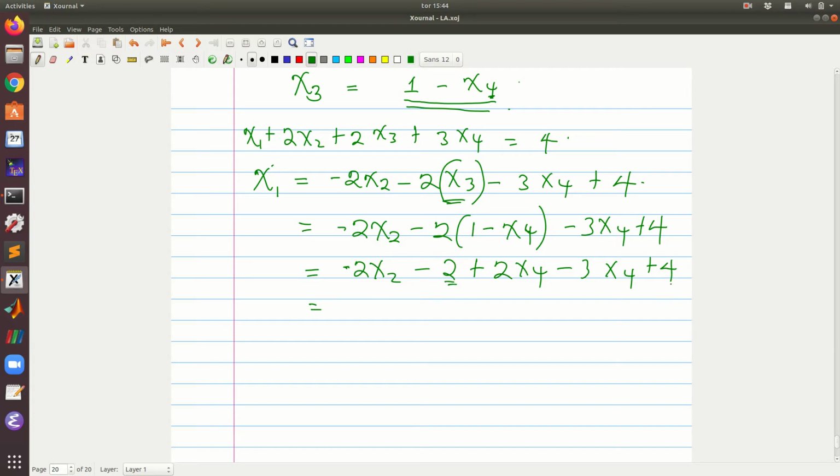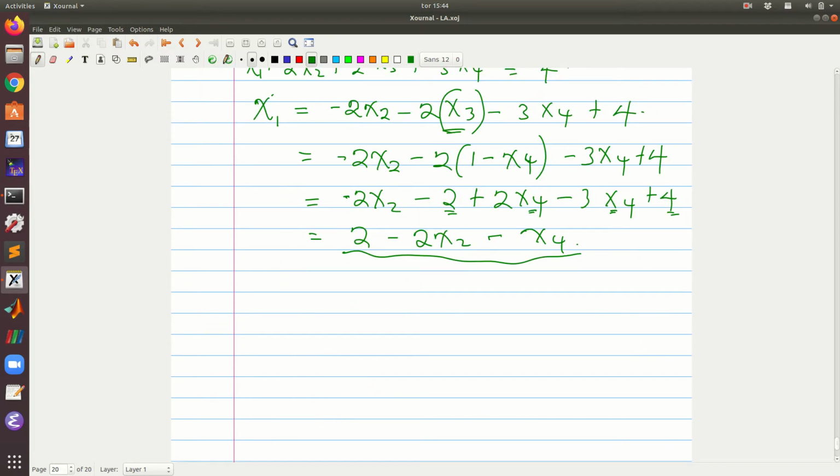So this and that, we have positive 2, then minus 2x2, and then 2x4 minus 3x4, we have minus x4. Hopefully, if I haven't made an error, we can write down our solution as x1, x2, x3, and x4.